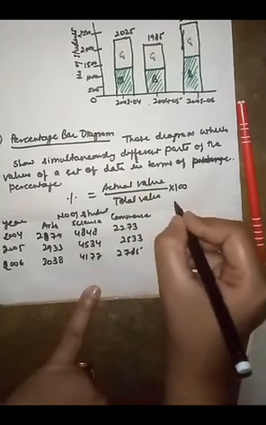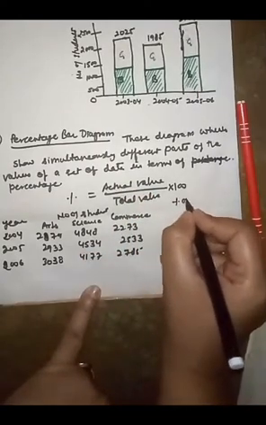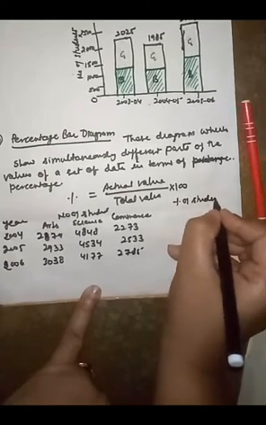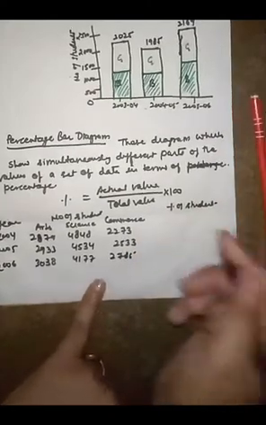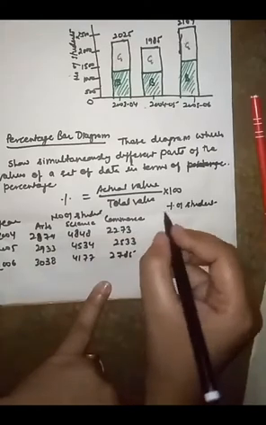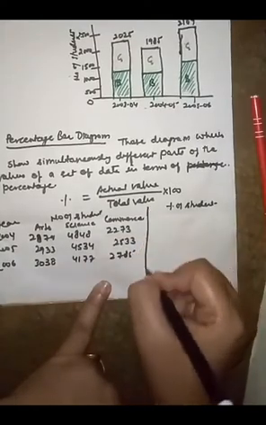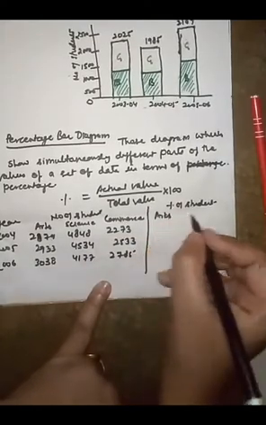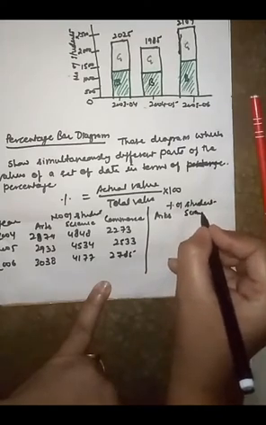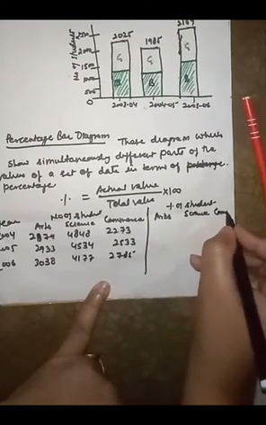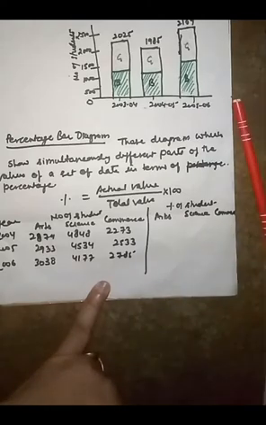So I am here making the percentage of students. Make another table in here, year wise. So this is arts, this is science, and this is commerce, right?